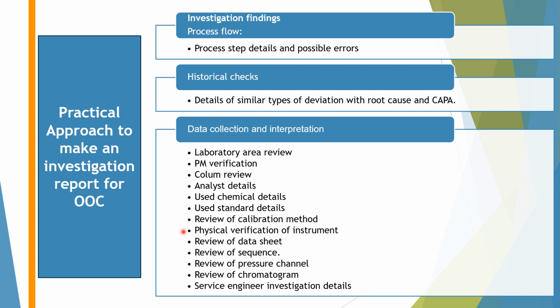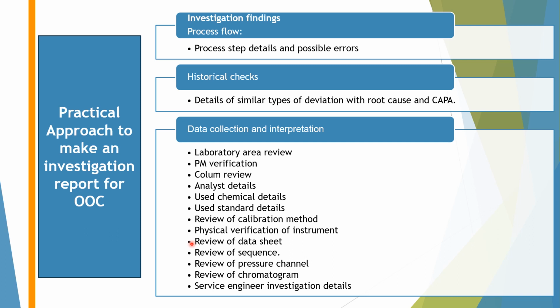So next is the physical verification of instrument. So here you need to check the physical condition of the instrument and check the proper dipping of all ports into the mobile phase bottle. So such things you need to check and elaborate. Next is review of data sheet. So it is the sheet where the analyst does the reporting, that is, preparation details with respect to the standard, mobile phase, column used, and instrument method used, right?